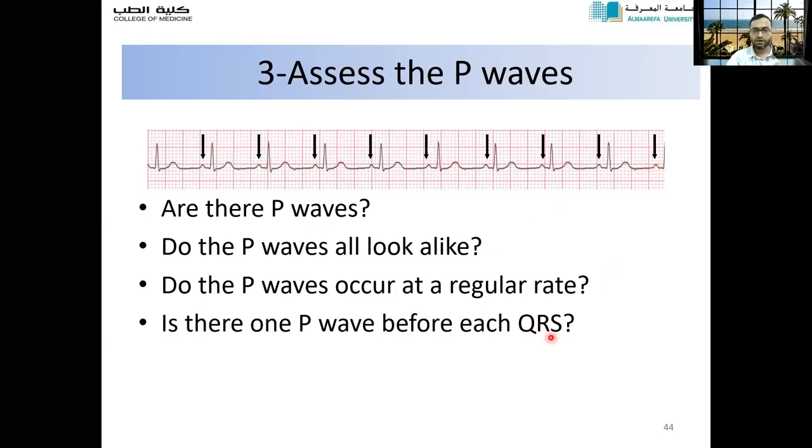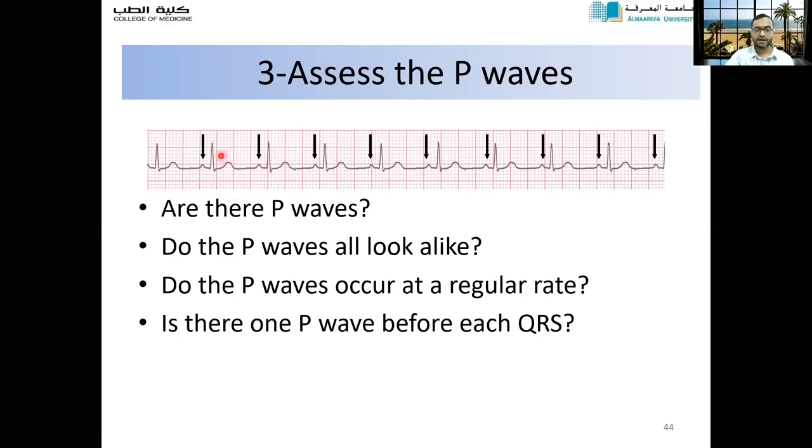So what inference are you getting here? As I told you before, if there is a normal shape of the P wave before a normal shape of a QRS complex, it suggests that the beats are originating in the SA node or somewhere in the atria. But if the P wave is absent, then it shows that the beats are not originating in the SA node, it's somewhere else.